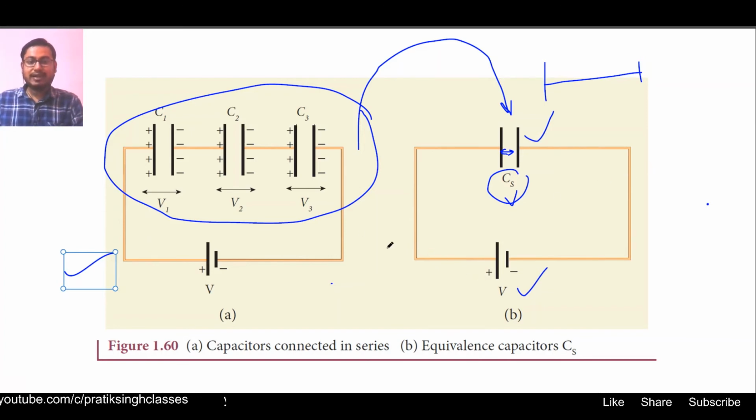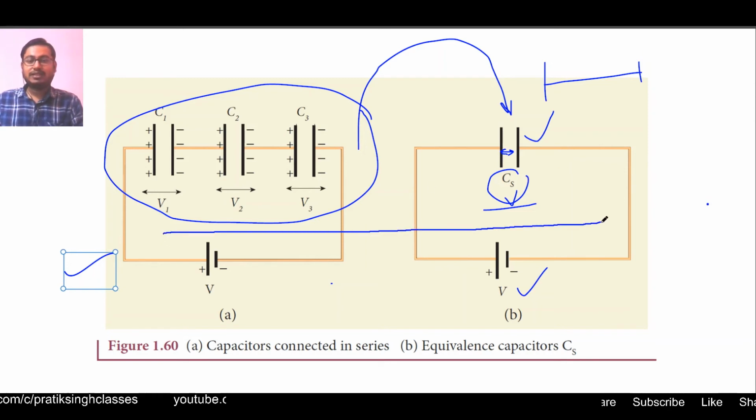So 1 by CS, that is the total equivalent capacitance of the capacitors connected in series, is given by 1 by C1 plus 1 by C2 plus 1 by C3 and so on. This is the total capacitance of the capacitors when they are connected in series. Fine. So let us move on to the next topic, what is given in the book.